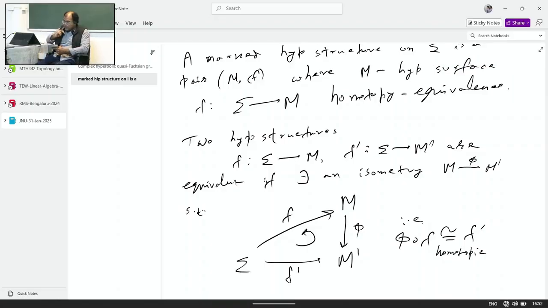Okay. So now, for every equivalence class of marked hyperbolic structure, you have discrete groups.